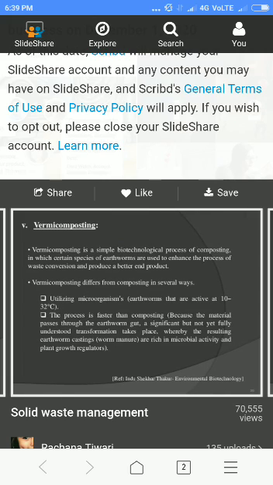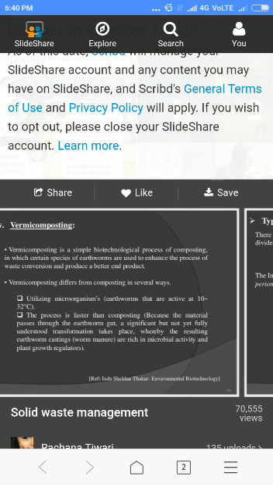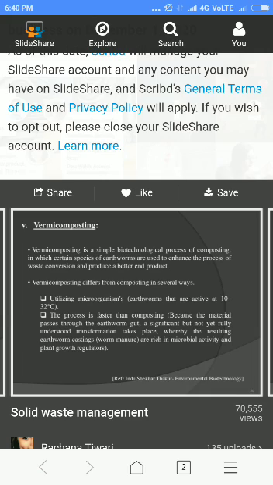First one is utilizing earthworms that are active at 10 to 32 degrees centigrade temperature. Process is faster than composting because material passes through the earthworm gut. A significant but not yet fully understood transformation takes place, whereby the resulting earthworm castings are rich in microbial activity and plant growth regulators.